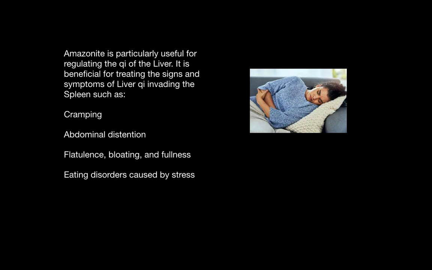Amazonite is particularly useful for regulating the qi of the liver. It is beneficial for treating the signs and symptoms of liver qi invading the spleen. This occurs when the emotions get out of control, or you're overworked in life, and this weakens the spleen, and the liver, by contrast, remains strong.